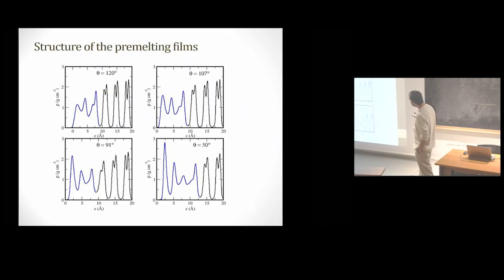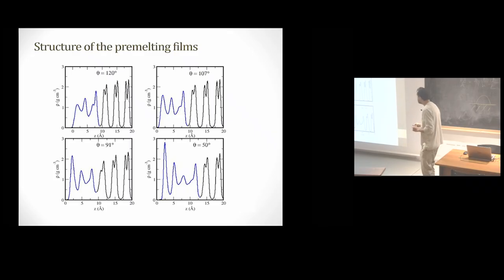This region in black, which has two peaks, those are the stratified layers of the solid phase. So you can tell this is the solid phase, this is ice. But this other region is melted ice, it's the pre-melting layer. In blue I am showing the part of the density profile that corresponds to pre-melted water molecules.